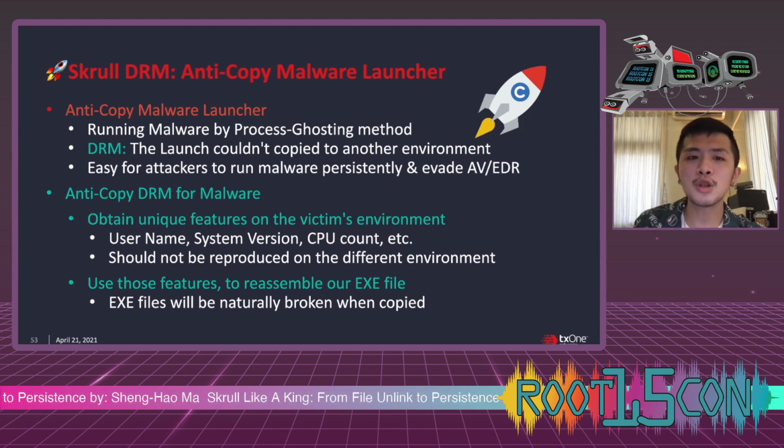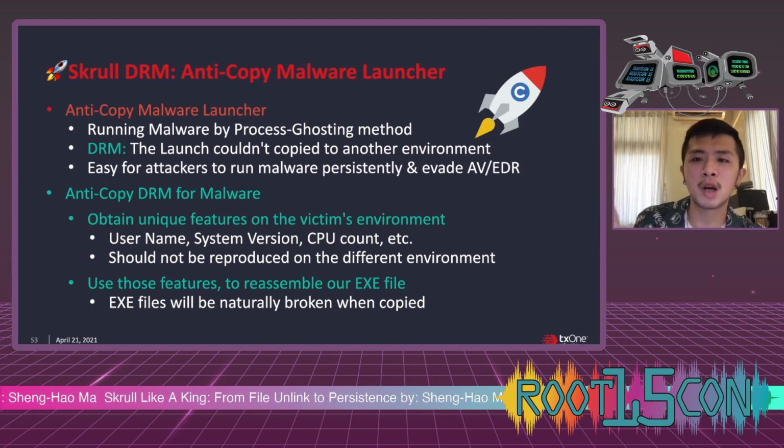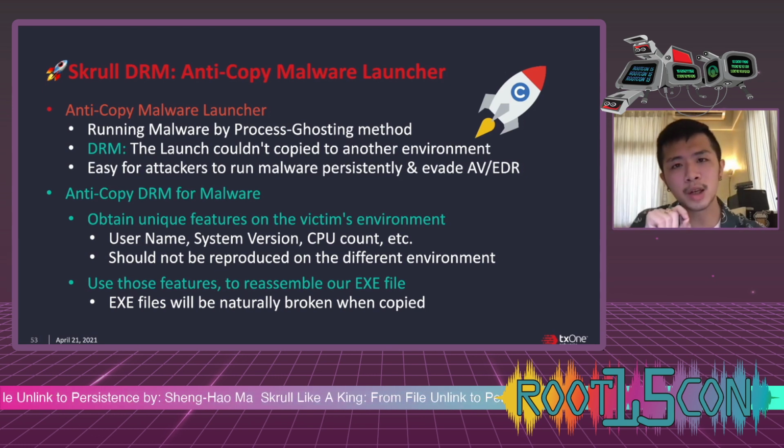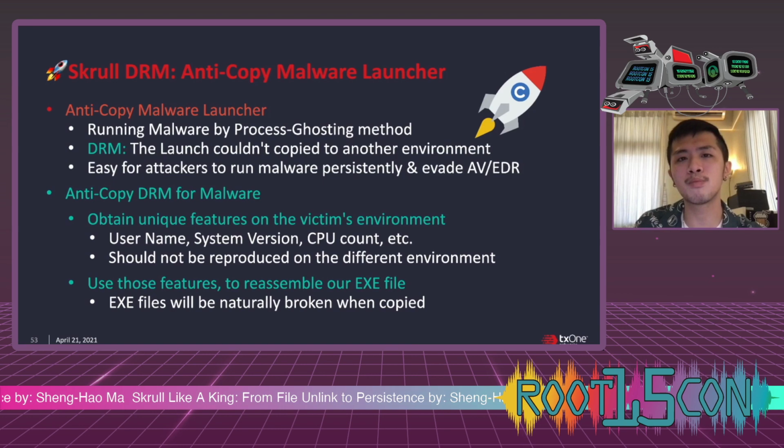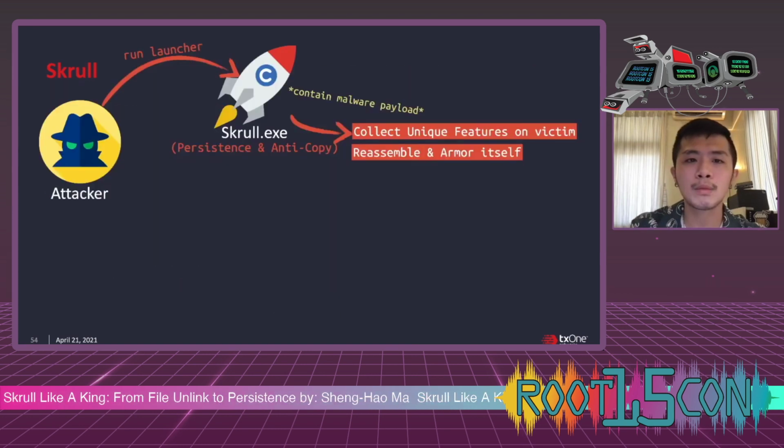Also, the launcher will grab unique information about this victim, such as username, CPU count, and system version, and use this unique information to rebuild itself.